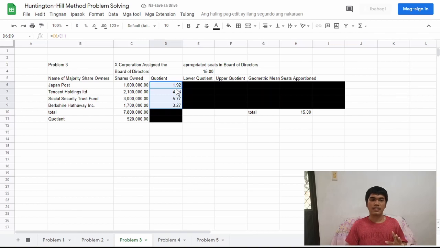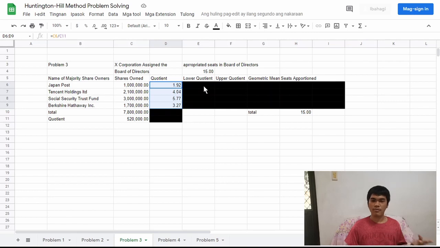So in Japan Post, they have 1.92. Tencent Holdings got 4.04. Social Security Fund got the highest, which is 5.77, and Berkshire Hathaway got 3.27.